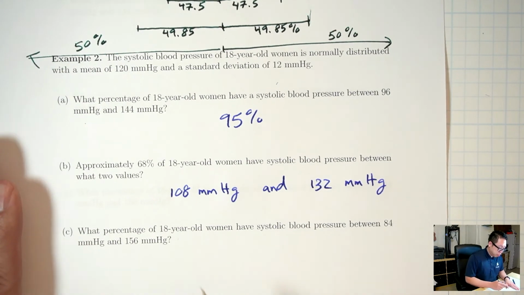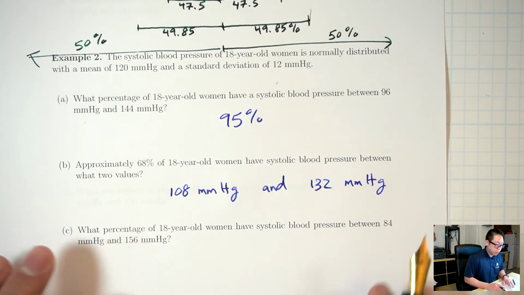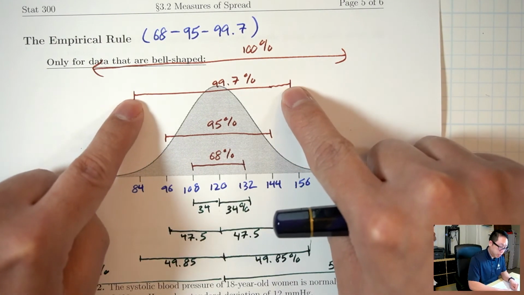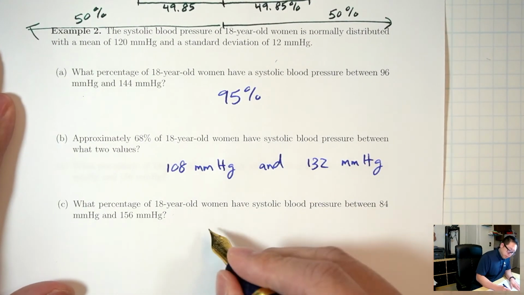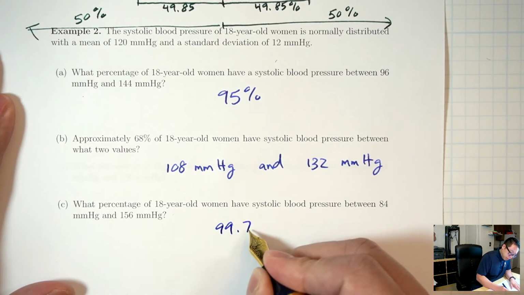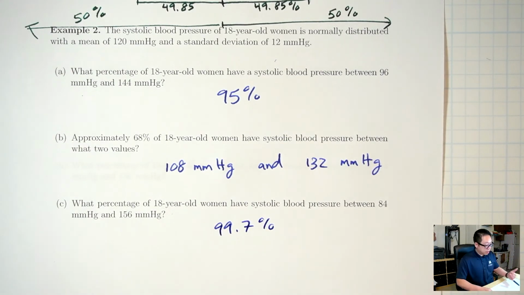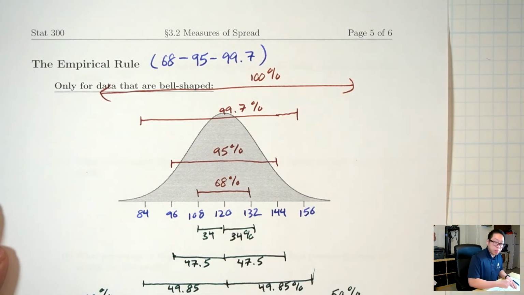Part C, what percent of 18-year-old women have blood pressure between 84 and 156? 84, 156, that is 99.7%. Okay, so part A, B, and C involve just staring at the top part of the picture.